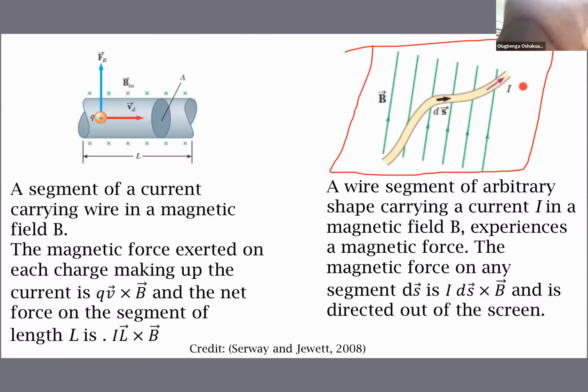And if the current flow is reversed, or if the direction of magnetic field is reversed, the direction of magnetic force will point inwards into the screen. So let's move forward.